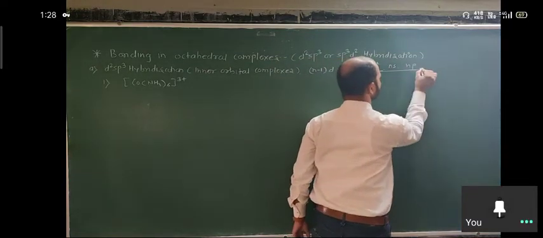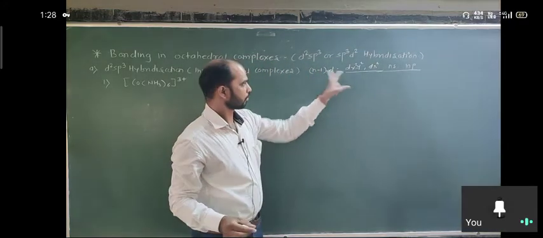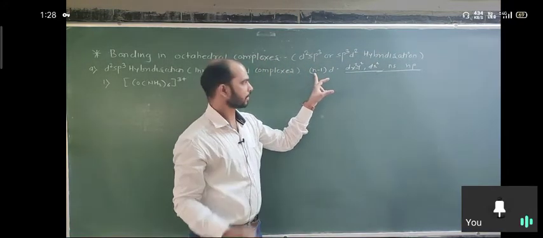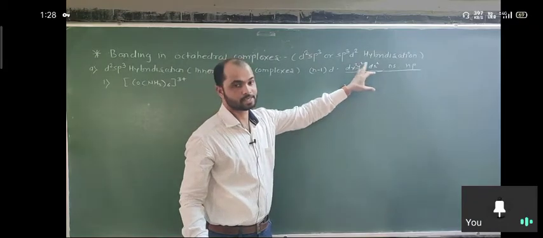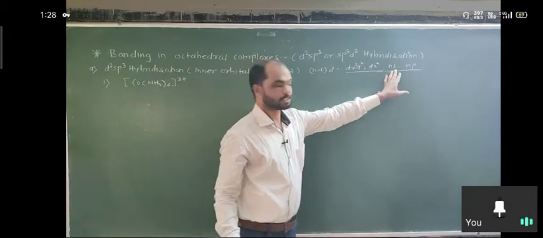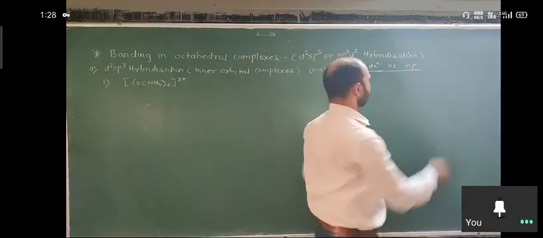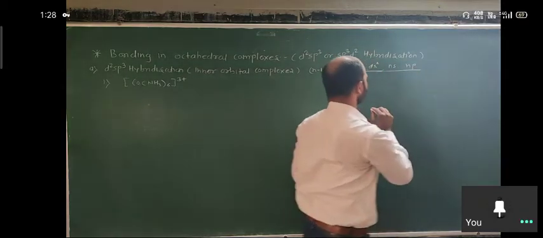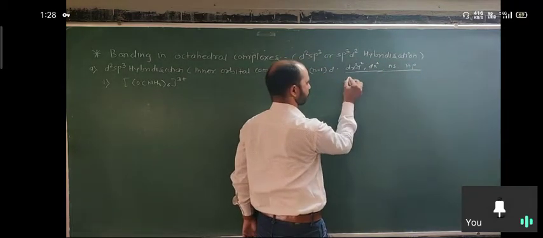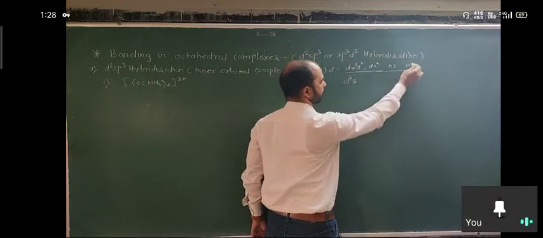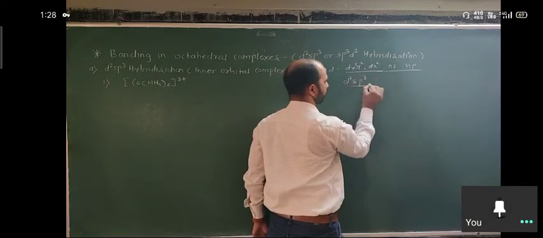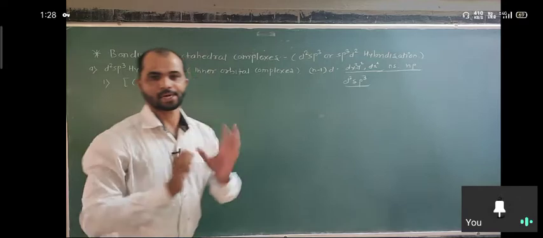So two (n-1)d orbitals, dx2-y2 and dz2, are used, ns is used and np's are used. How many np? Three np. So this 2 means d2, then s, then p3, that means d2sp3 hybridization.